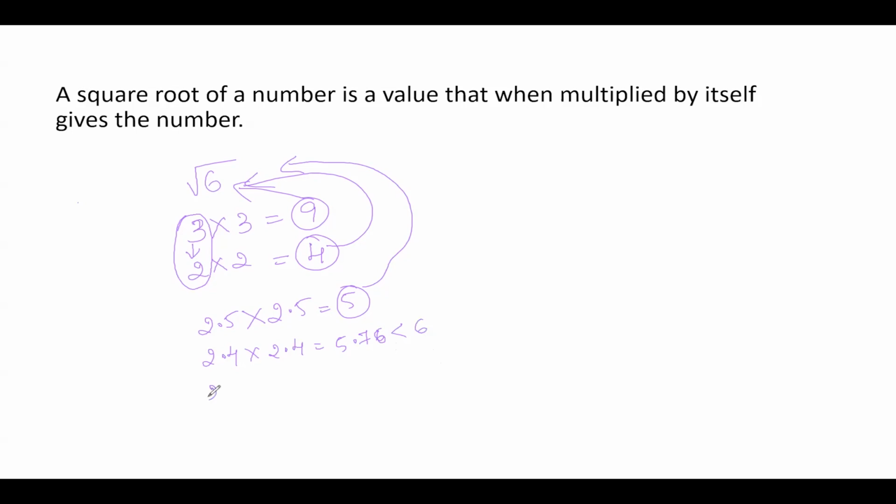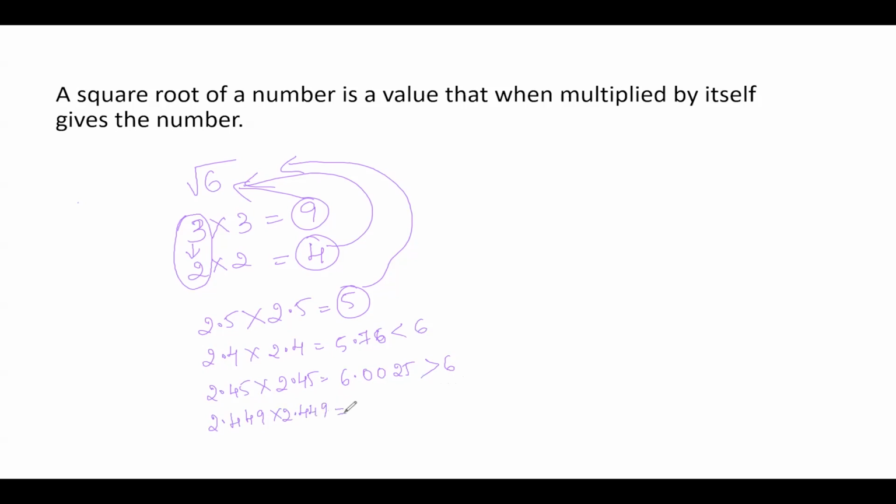Now let me slightly increase the value, that is 2.45 into 2.45, which is nothing but 6.0025. Okay, and it is once again higher than 6. Let me make it a bit smaller, that is 2.449 into 2.449.